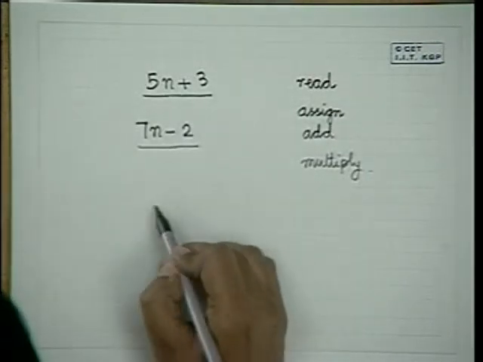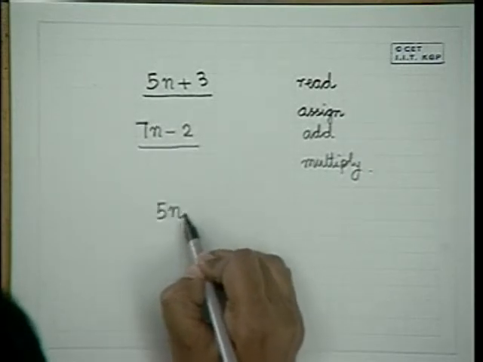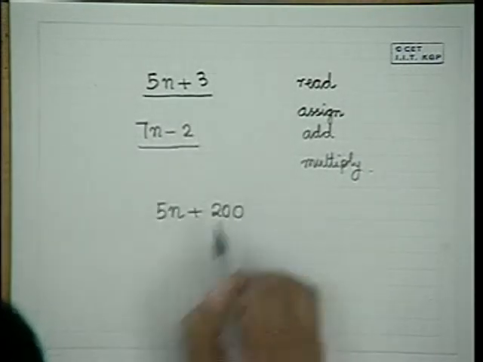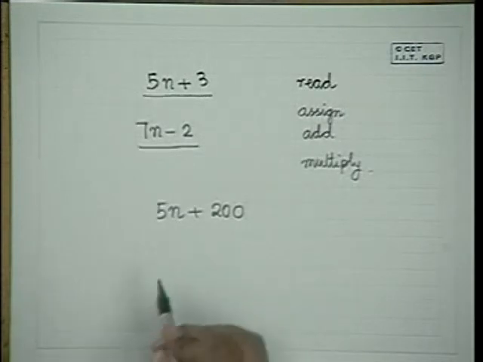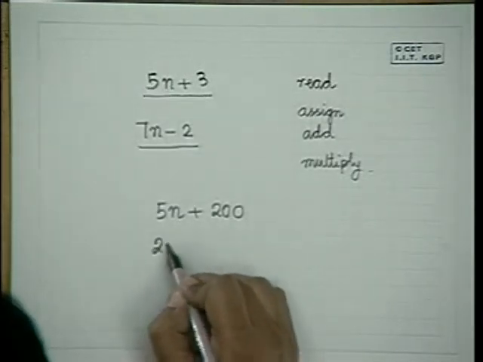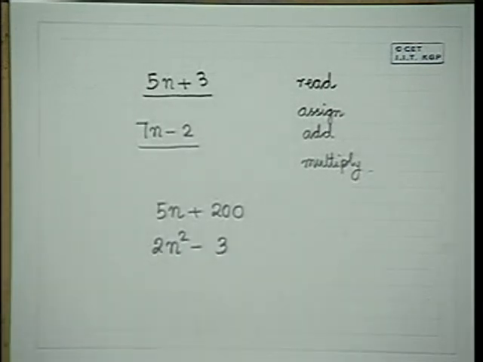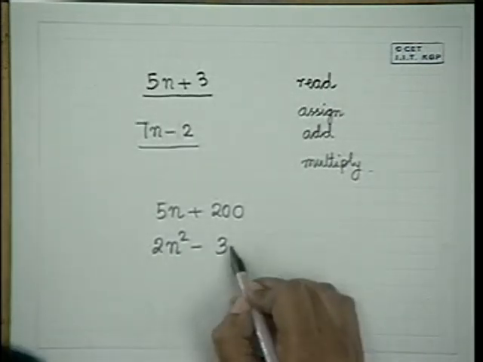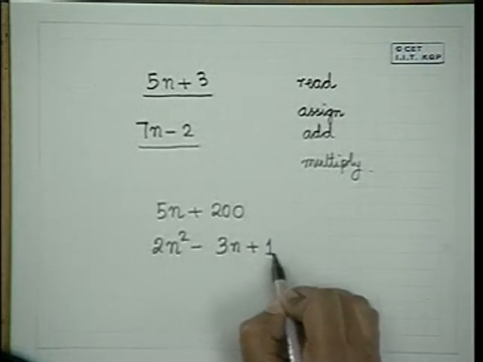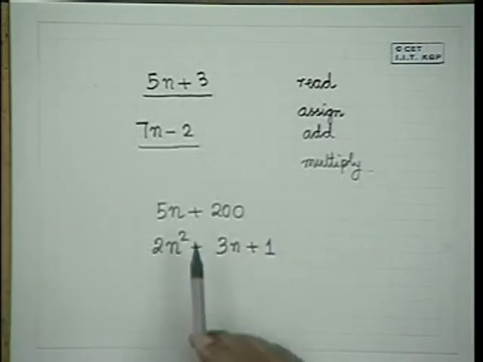But on the other hand, if we have somebody which is 5n plus 200 and another one which is 2n square minus 3, say minus 3n plus 1, then can you say something about these two? Is this better than this?